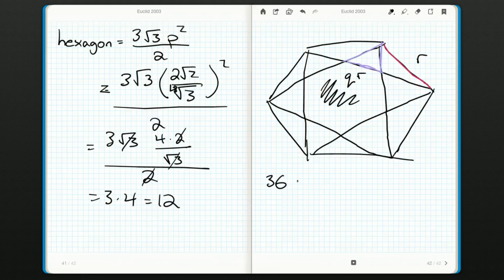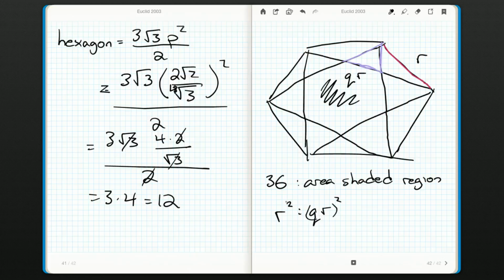So 36 is to the area of the shaded region as r squared is to qr squared. So the ratio between the side lengths gets squared because area requires two side lengths, 2 dimensions to work out. So we square these things.